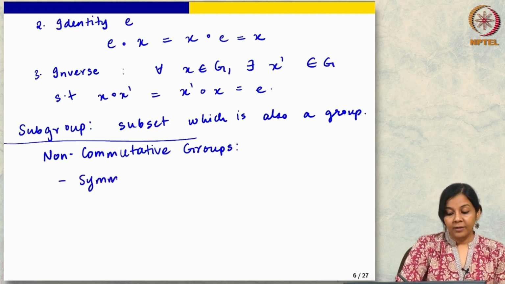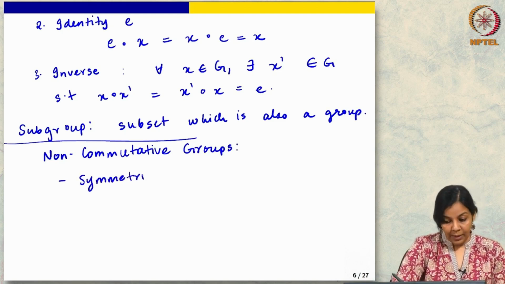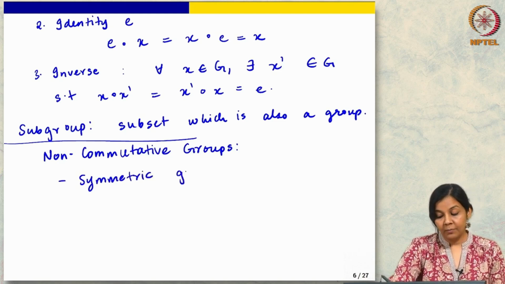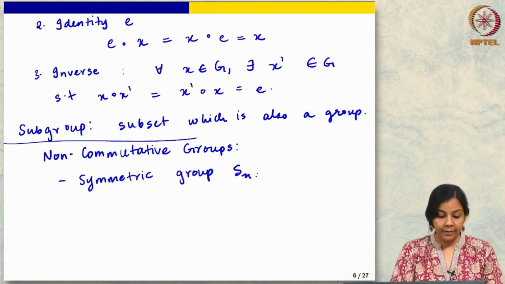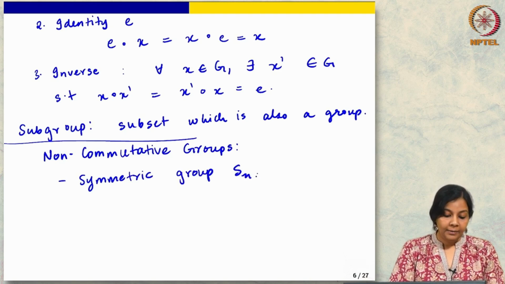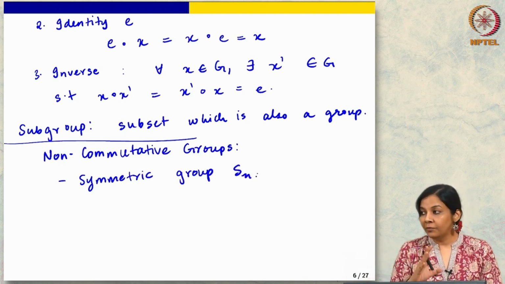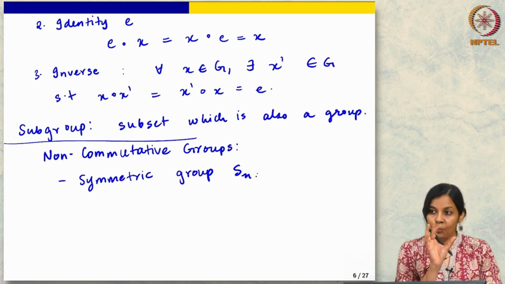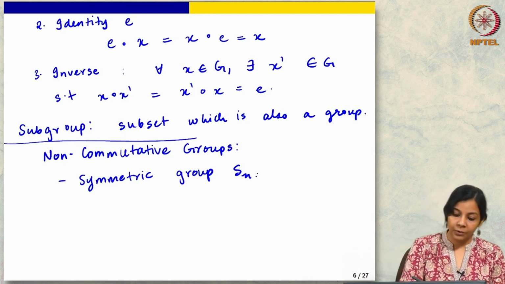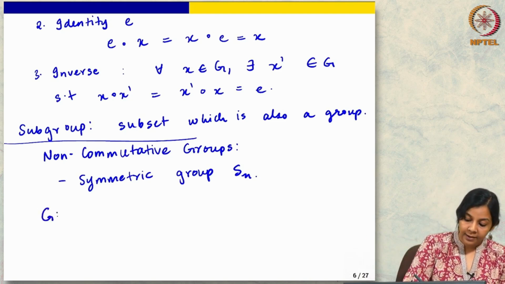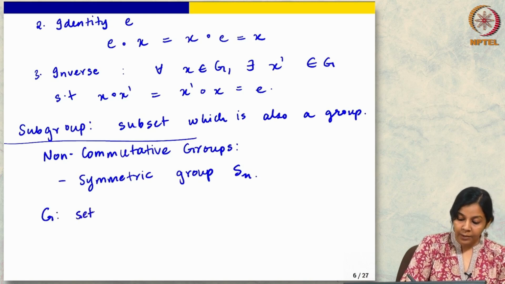As I already said, one group that we are interested in is the symmetric group Sn, and this is basically the group of all permutations from 1 to n to the same set.